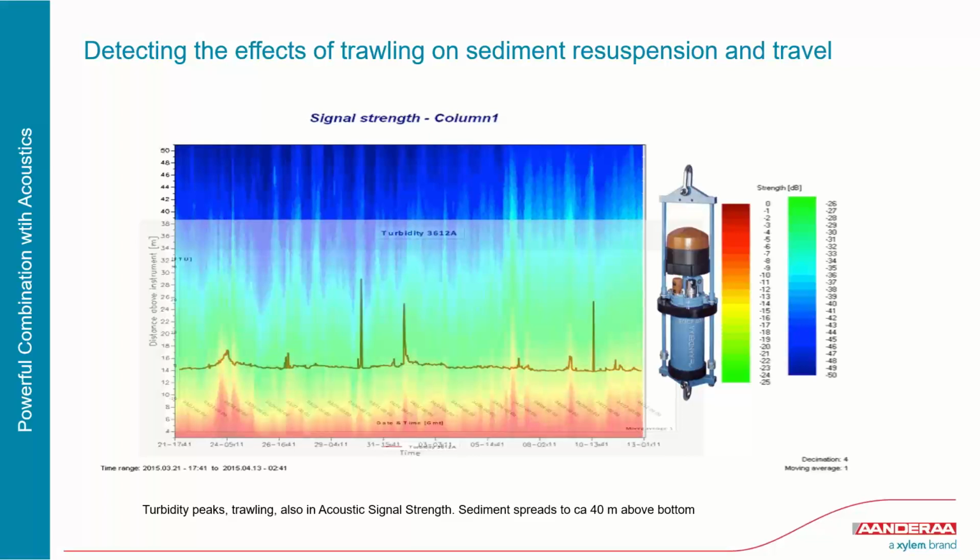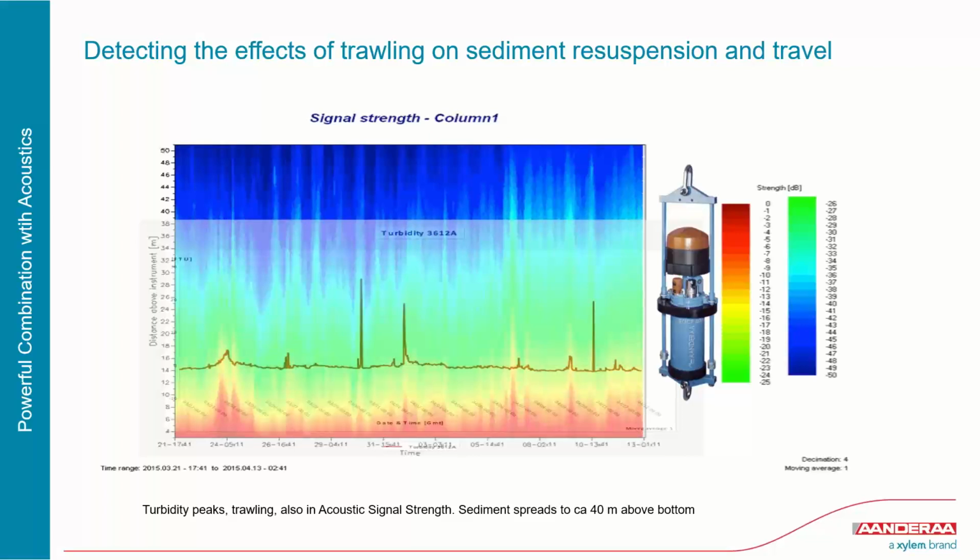We can say that it's a trawler because we combine this with AIS, the automatic identification system, so we know when the trawlers are passing and can track them. Then we can combine, by overlay plotting, this turbidity on the acoustic backscatter, the reflections. The scale here is 0 to 50 meters.